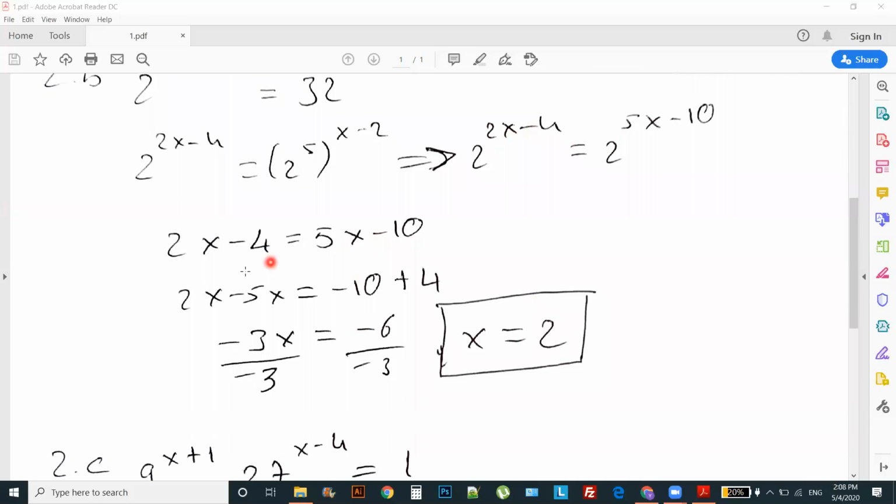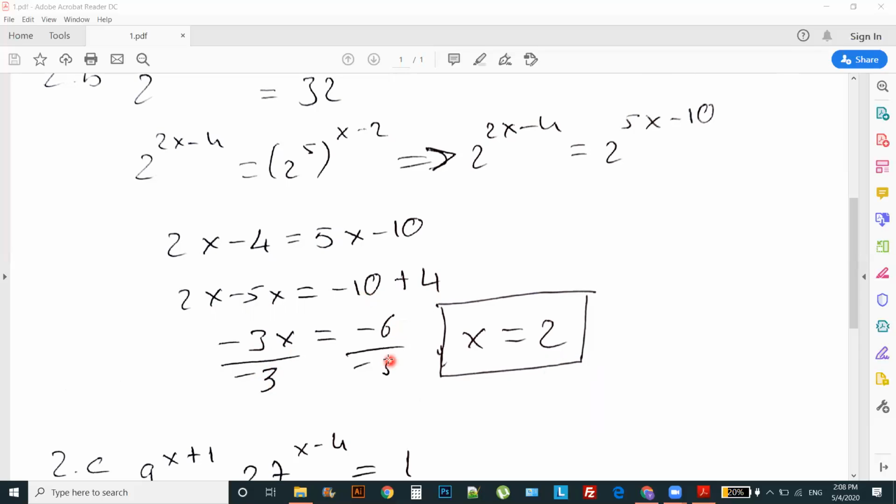I'm going to put the unknowns one side and the knowns one side. So 2x is here. Take this 5x, put it the other side, it is going to be negative 5x. Remember, when we move anything around the equation, we have to change the sign. So 2x minus 5x equals negative 10. Take this negative 4 to this side, it's going to be positive 4. When you work it out, 2x minus 5x will be negative 3x equals negative 10 plus 4, which is going to be negative 6.